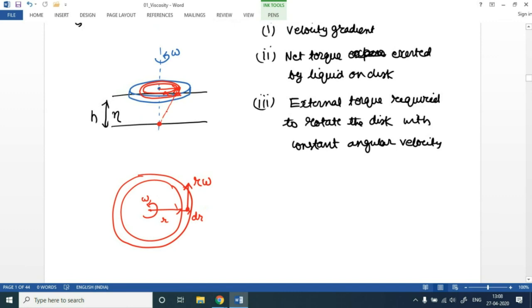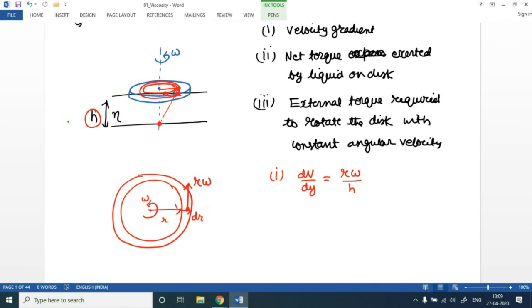So the velocity gradient, first of all, velocity gradient as a function of r, we can write dv by dy. So dv will be simply equal to r omega and dy here is nothing but h. We are assuming again the linear velocity profile because this h is very, very small. So dv by dy is equal to r omega by h.